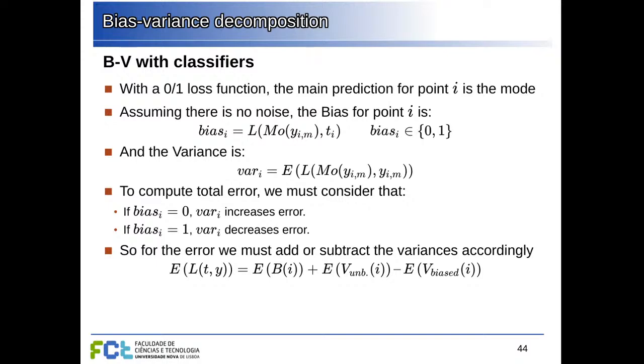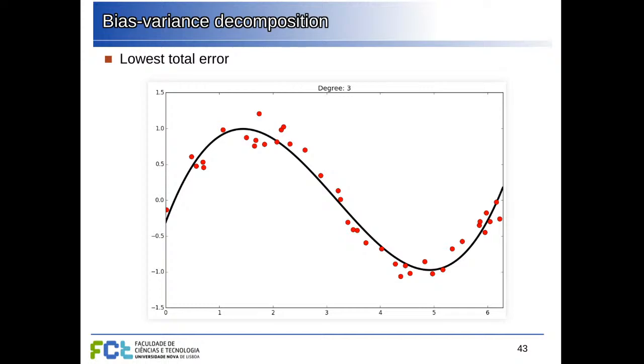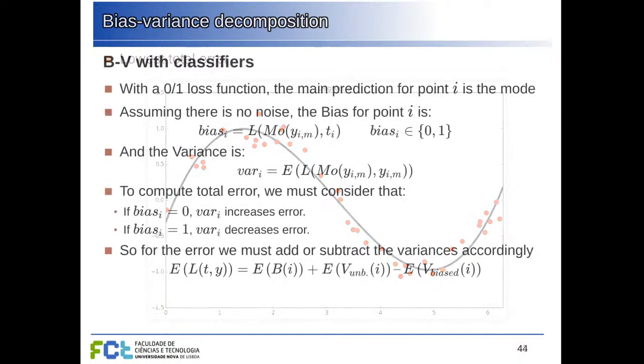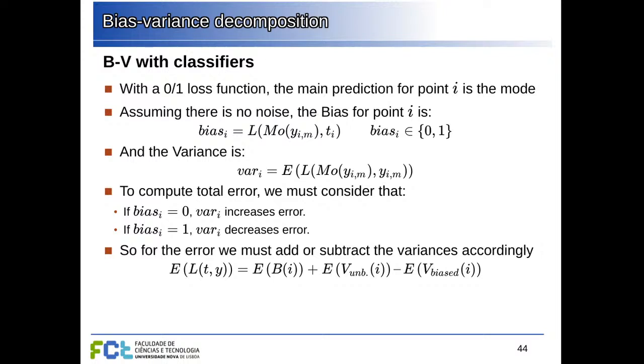Okay, with classifiers, this is a bit different because we've been looking at regression with a quadratic error function. With classifiers, we can consider, for example, a 0-1 loss function, which is that if we are making a mistake, then we penalize. If we don't make a mistake, we don't have a penalty.